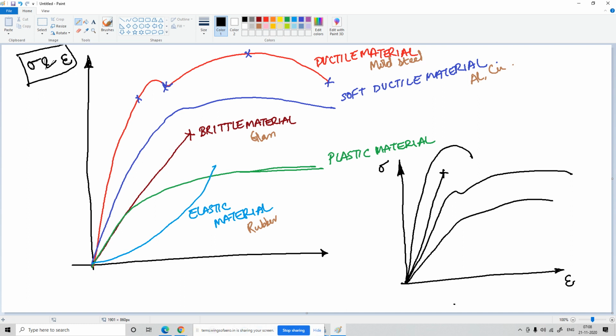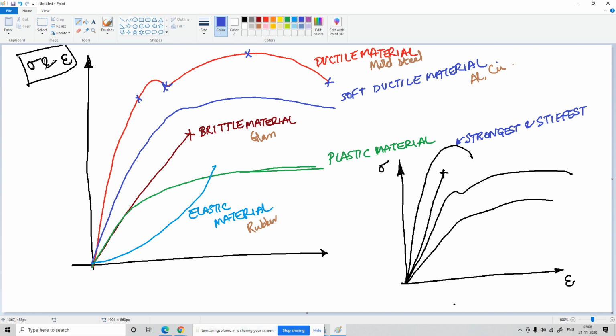The first one, with the steep rise and then fall, has the characteristics of the strongest and the stiffest.